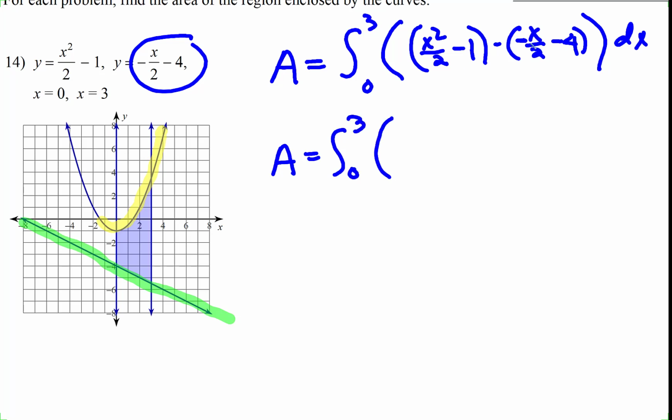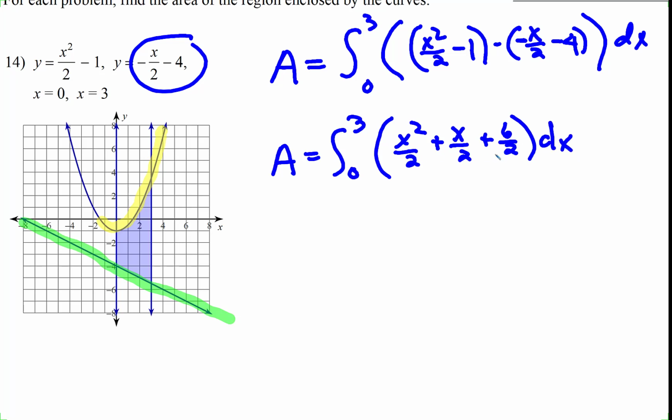Are there any other x squareds? There is not, so I'm still going to leave this as x squared over 2. And then there is an x, but that's subtract a negative, so that becomes positive x over 2. And then we have -1 subtract -4, so that's -1 plus 4, so that's 3, but because these have 2, I'm going to write 3 as 6 over 2.